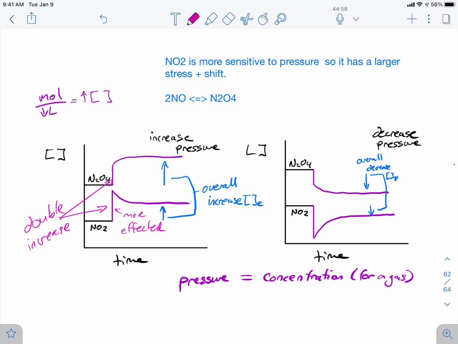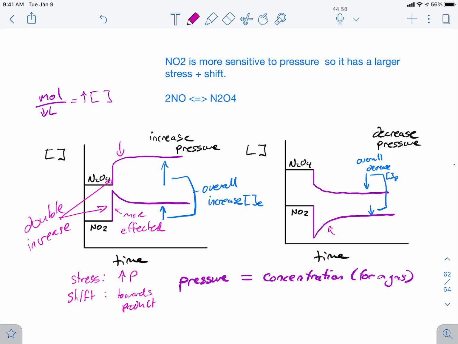So we can say that the stress is increased pressure, and the shift is going to be towards product. And again, you can find that towards product right here from the upper curve.